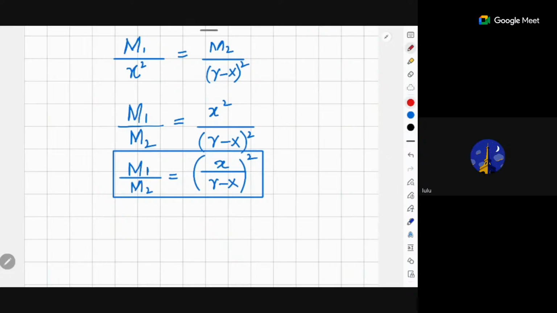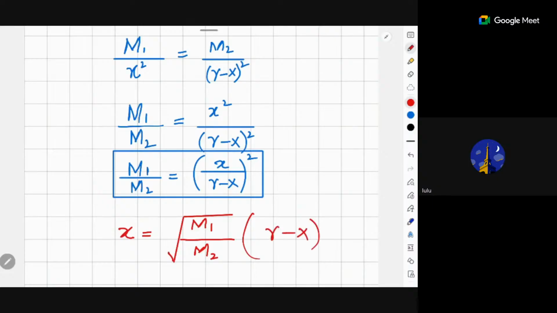The ratio of masses is very simple to calculate, but for distance calculation, you will take square root on both sides. And when you take the square root of both sides, it will be square root of m1 divided by m2 into r minus x.